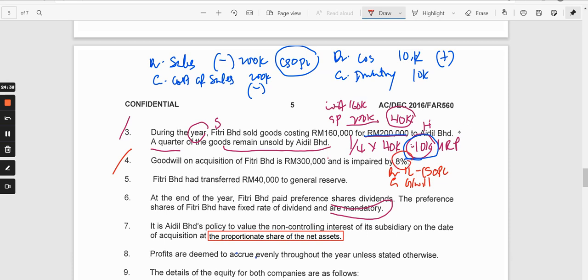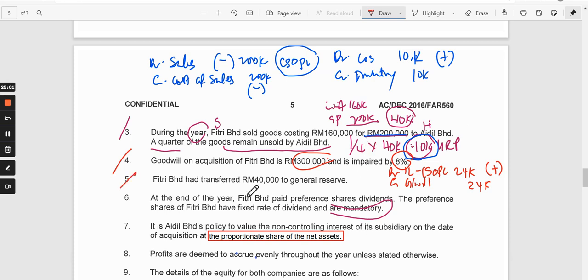So 8% times 300,000 will be 24,000. Therefore, in your consolidated statement of profit or loss, this will have to be added, because debit is to increase the expenses. So you will add the impairment of goodwill to the expenses in your SOPL.